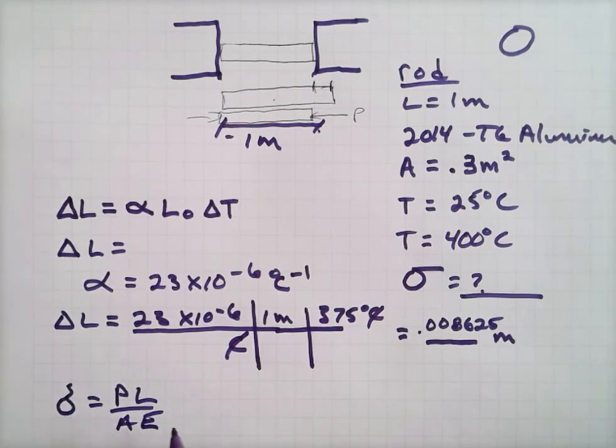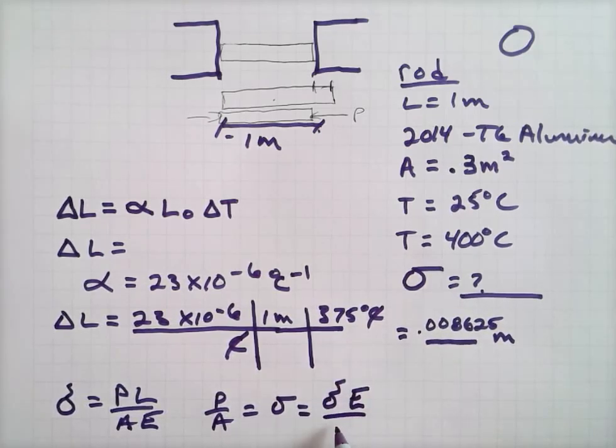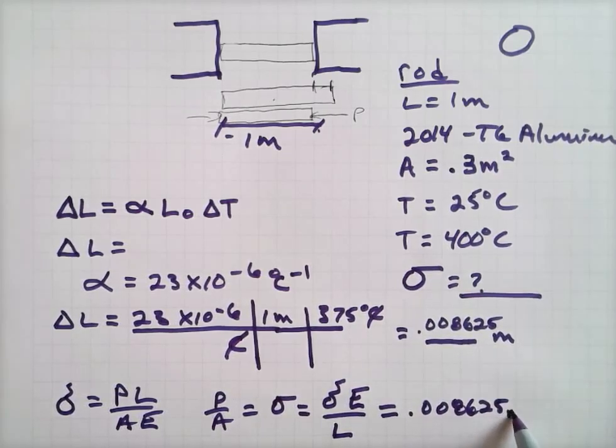So we're going to solve this for P, and actually, if we solve it for P over A, that will be the stress, which is going to equal delta times E over L. And what's the delta? 0.008625 meters.